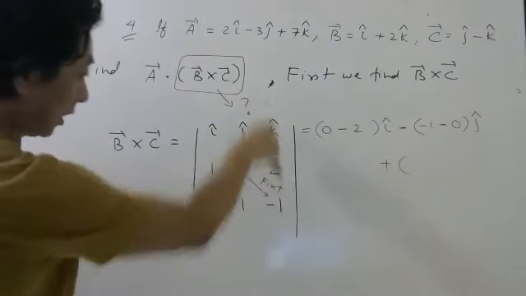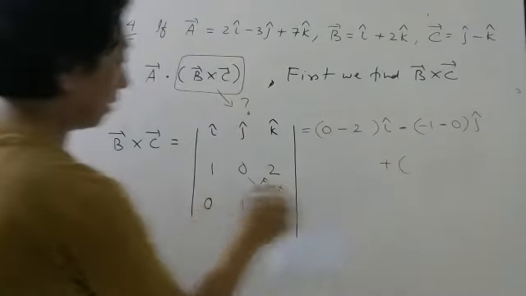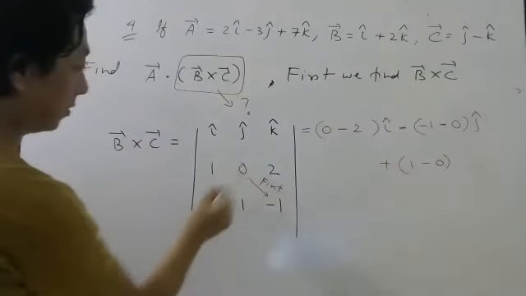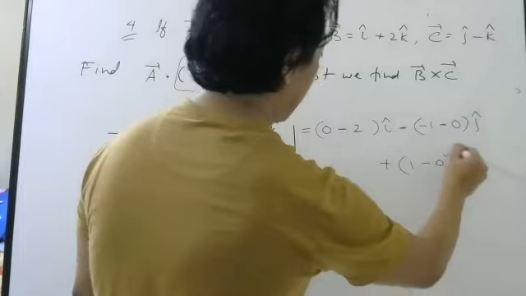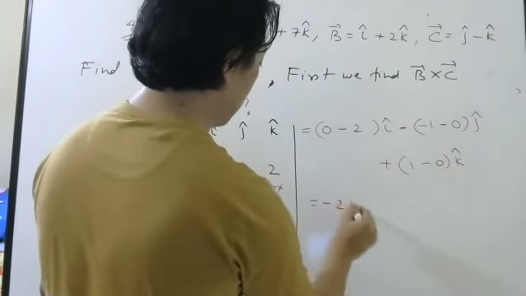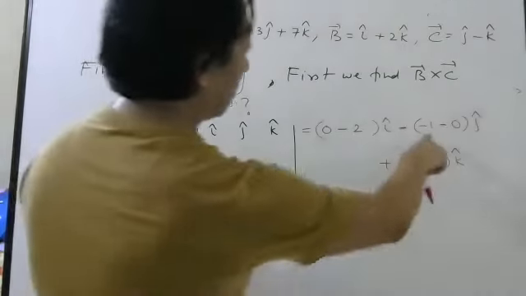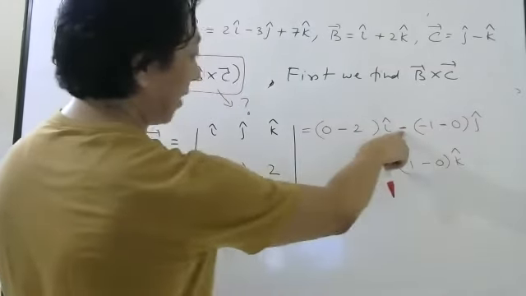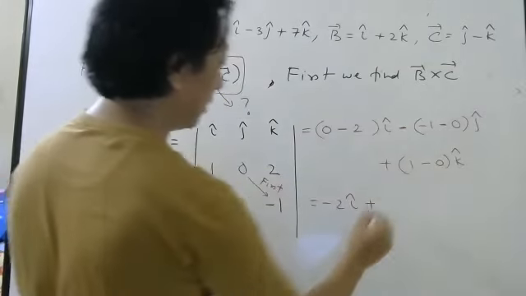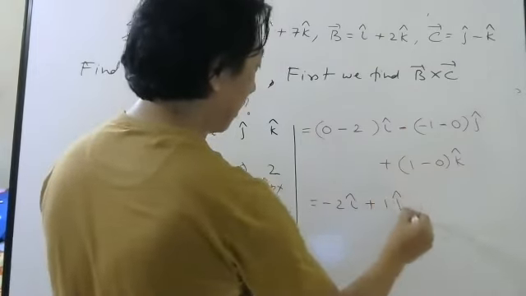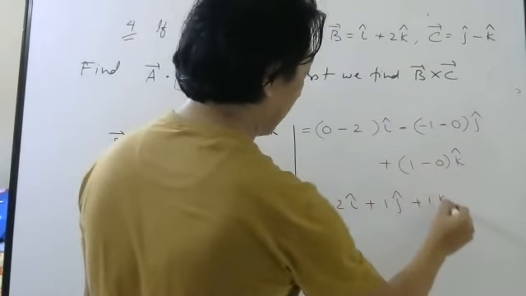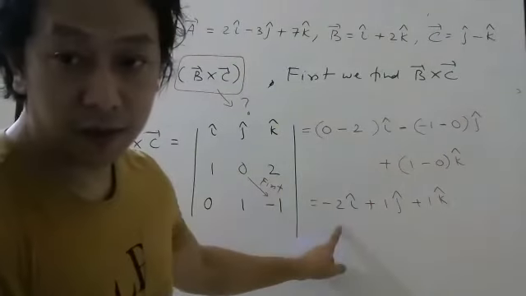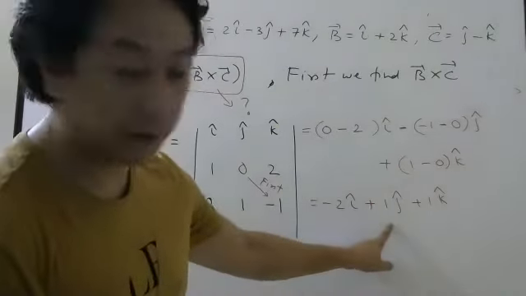For K, forget about this column. 1 into 1, 1, minus 0 into 0, 0, K. So this is minus 2 I cap. Minus 1 minus 0 is minus 1. Minus 1 into this minus sign will be plus 1. So plus 1 J cap plus 1 K cap. Minus 2 I cap plus J cap plus K cap.